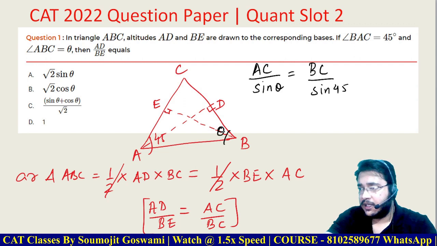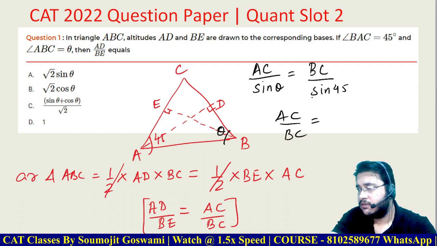Remember that this angle was given as theta. So AD by BE is equal to AC upon BC, and AC upon BC will be sine theta by sine 45.